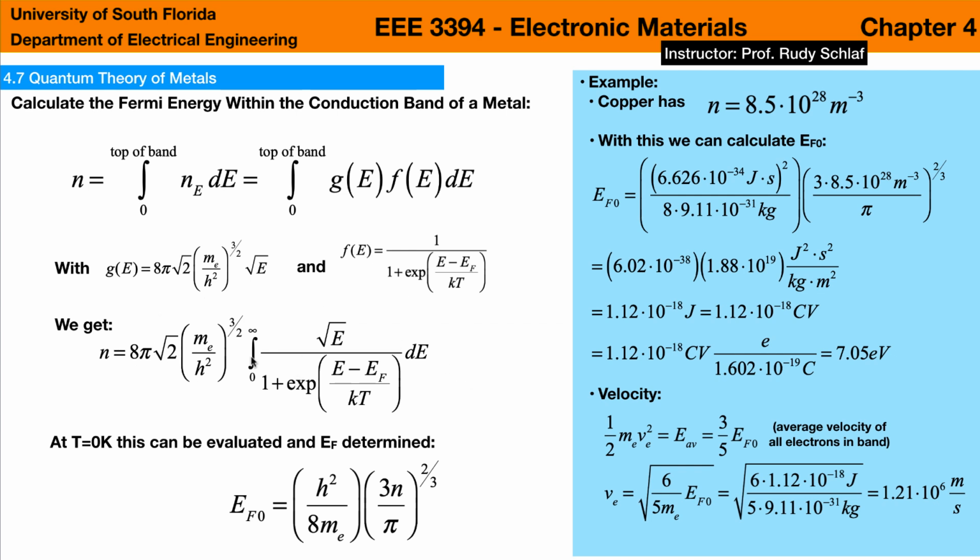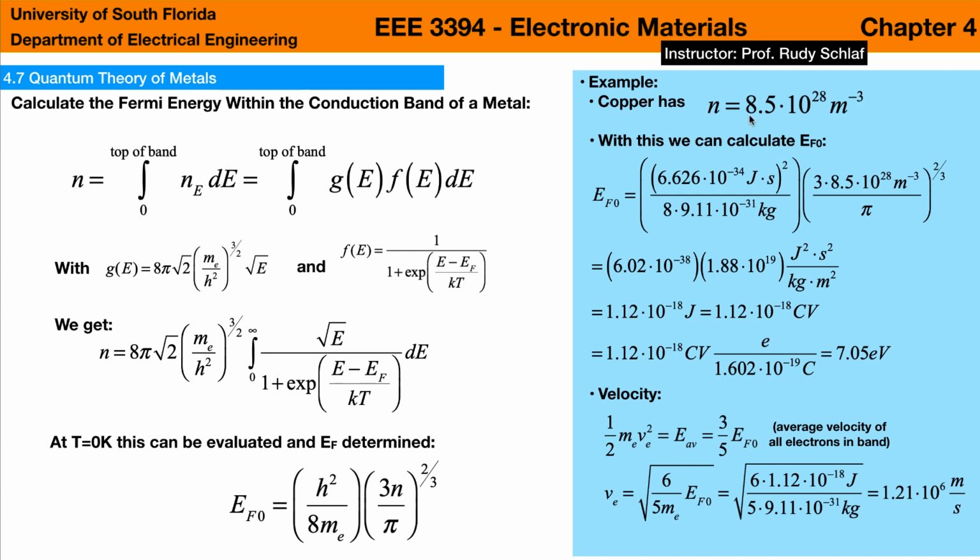And if one evaluates this integral for temperature 0, which makes this much simpler because this here goes to 0, then we can calculate the Fermi energy at 0 Kelvin, which is this expression. Let's use this formula and calculate the Fermi energy for copper.